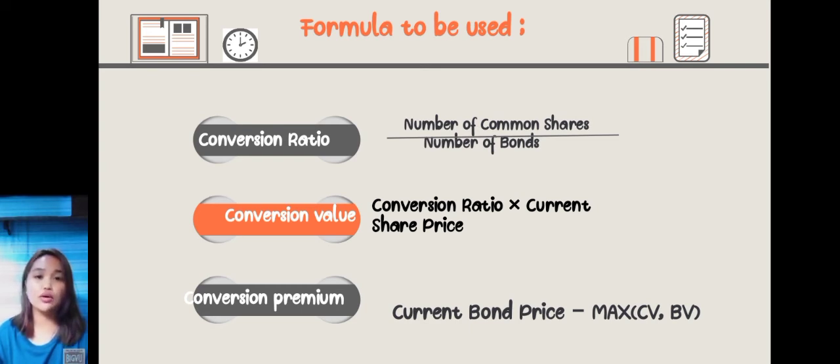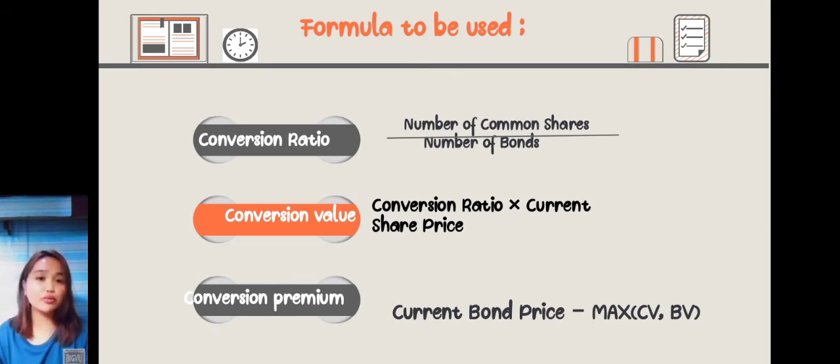The formula is the number of common shares divided by the number of bonds. The term conversion value refers to the financial worth of the securities obtained by exchanging a convertible security for its underlying assets. The conversion value is calculated by multiplying the common stock price by the conversion ratio.